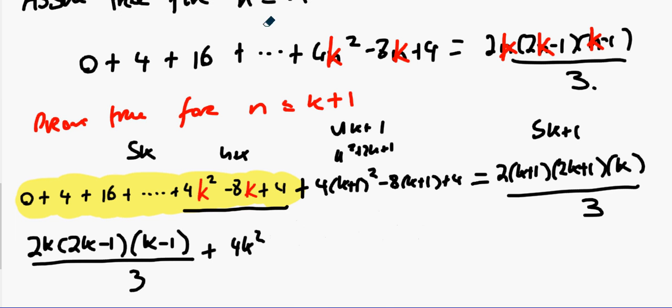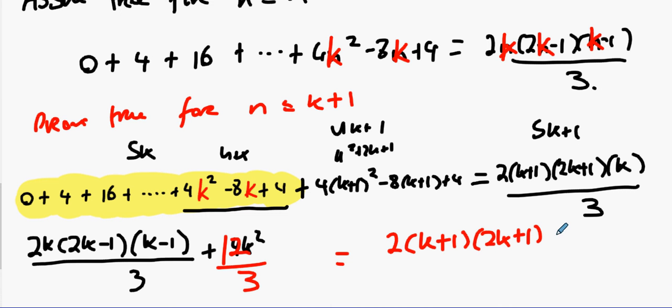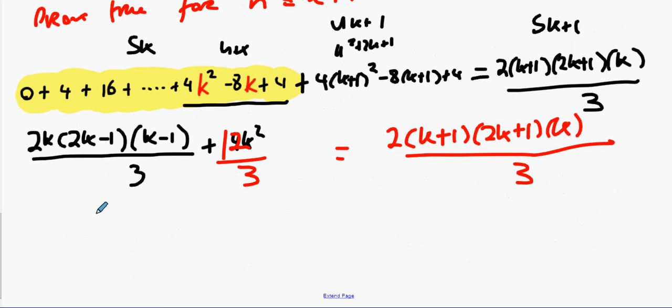Now I'm going to give a common denominator of 3, so instead of using 4k squared, I'm going to use 12k squared over 3, and now I have to prove that it equals this on the right hand side. Now you could multiply both of them out and just prove they're the same that way. It might not be the worst move for this type of question.